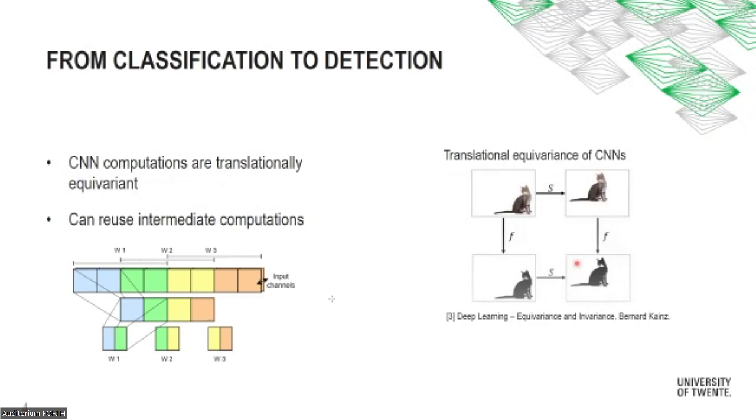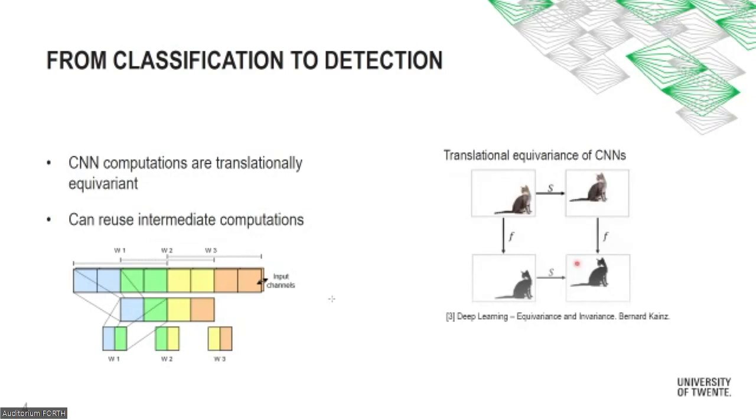Using this characteristic, we can actually reuse a lot of computations in the intermediate steps of the convolutional neural network within overlapping windows. As you see in this example, when we have multiple windows, they use the same features to eventually get to their final outputs.